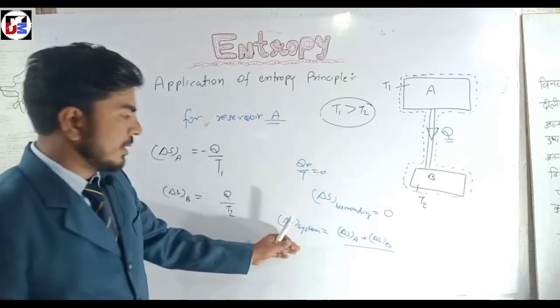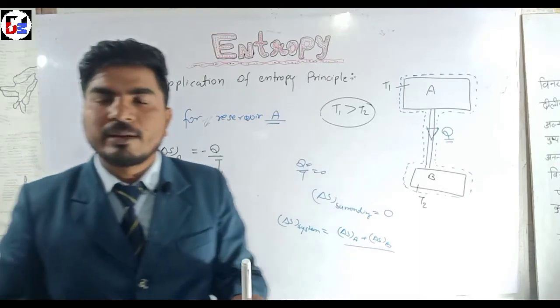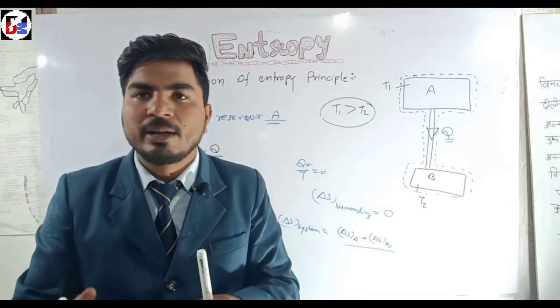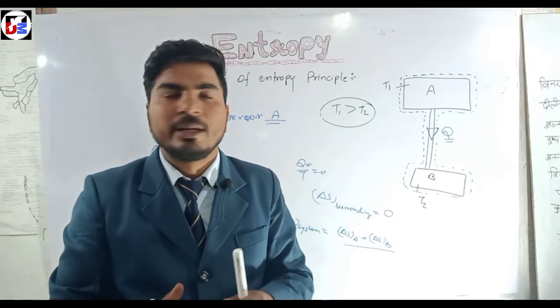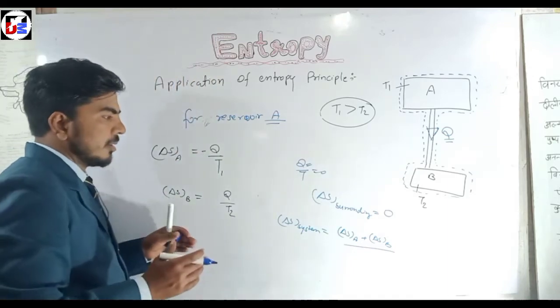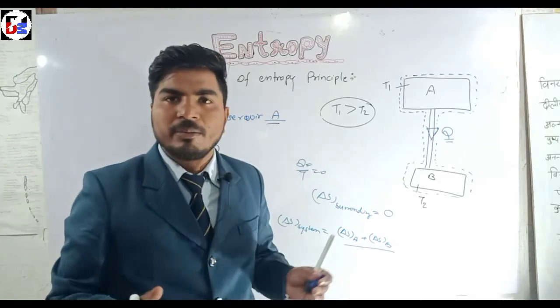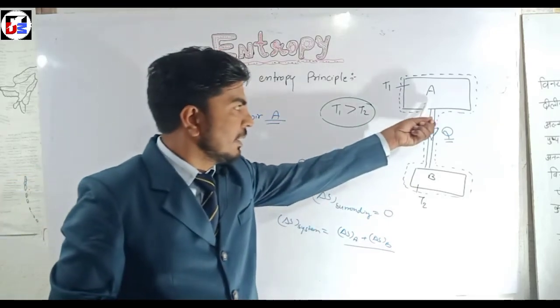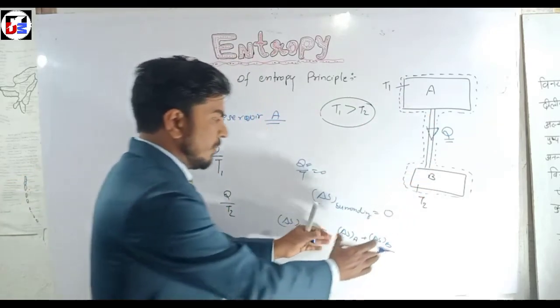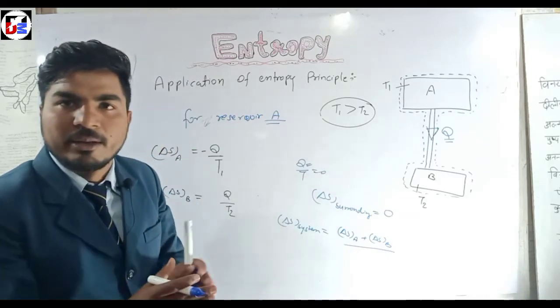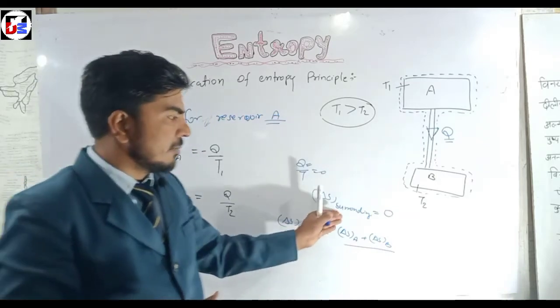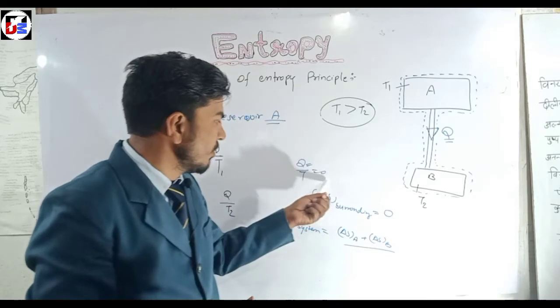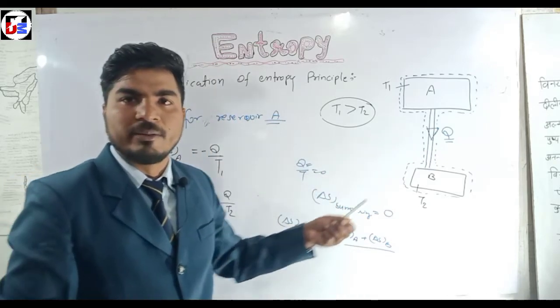You know, the entropy principle says that the entropy change of the universe is always greater than 0. That means the entropy change of the universe comprises system and surroundings. Here the system is A and B, both combined taken as a system, and the surrounding entropy is 0, because there is no heat interaction with the surroundings.